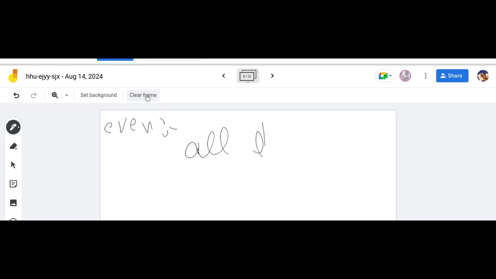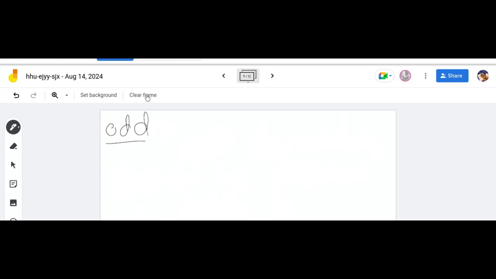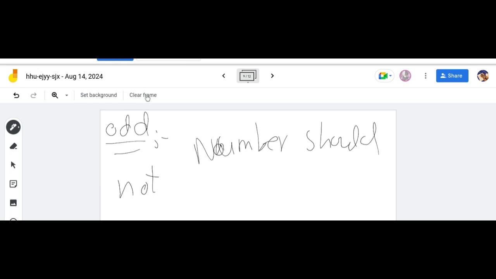All the numbers should be present in which table? The table of 2. Very good. But in the case of odd numbers, they should not be present in the table of 2, but they can be present in any other table.